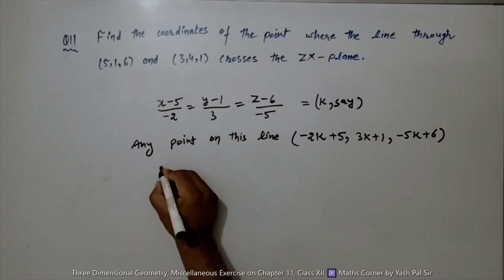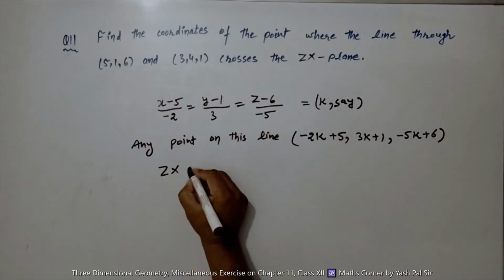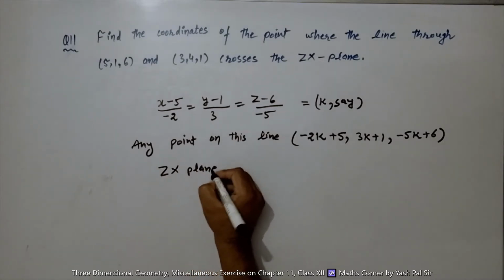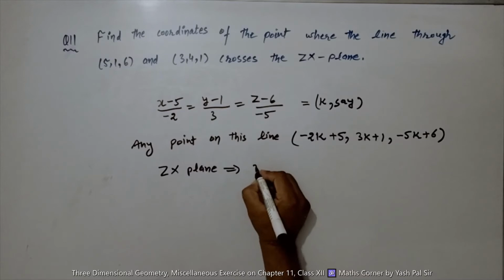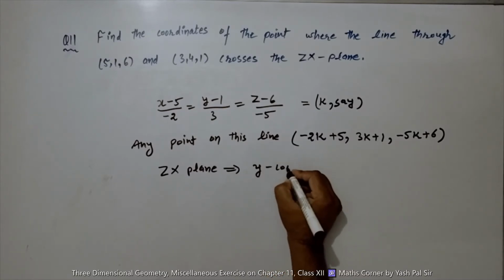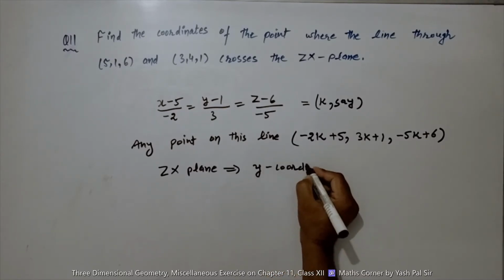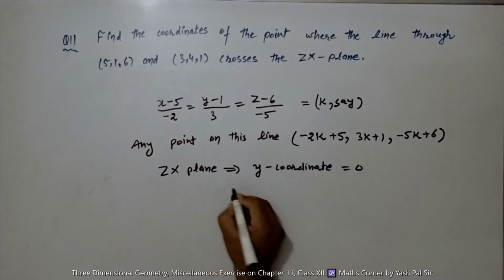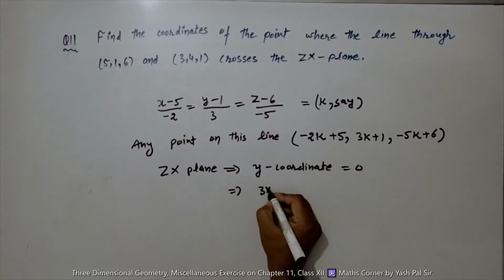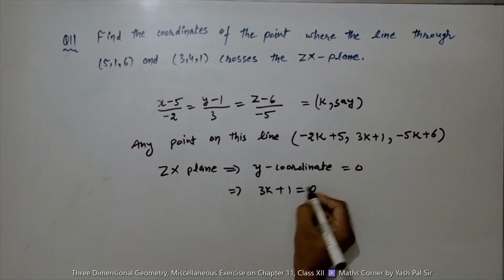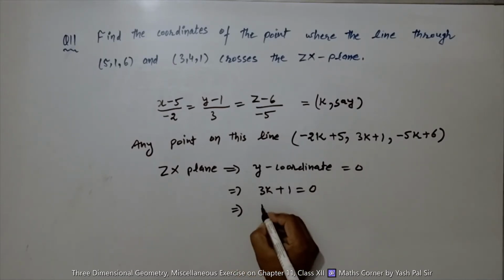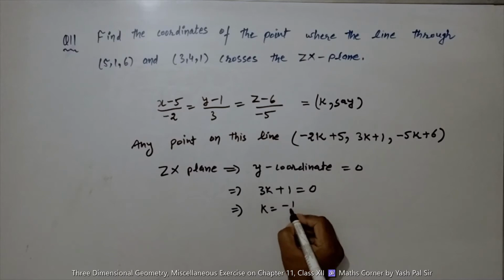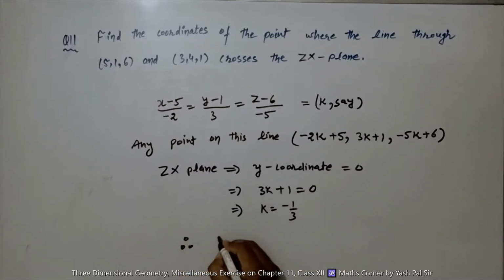Now this crosses the ZX plane, which implies the y coordinate is equal to 0. So that means 3k plus 1 equal to 0, which gives k equal to minus 1 upon 3.